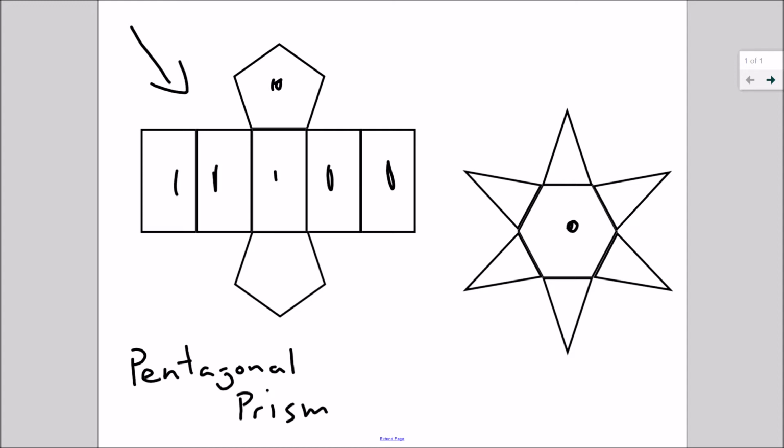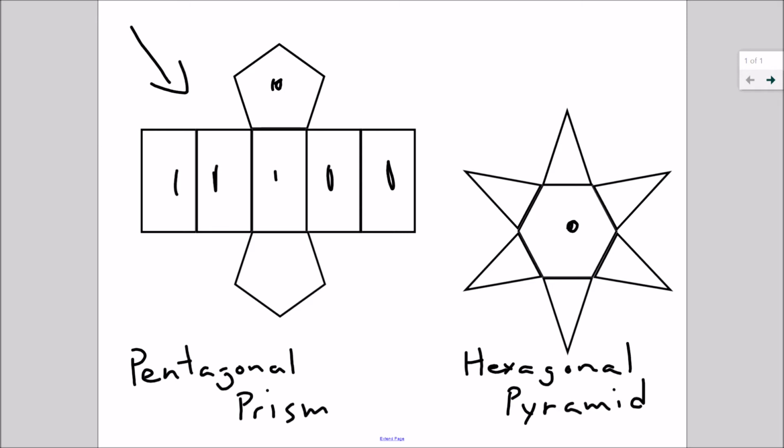Because it's based on a hexagon, I call it hexagonal. And because it extends through triangles, I know that if I fold this up, it will eventually create a pyramid. It will come to a point. So, it's a pyramid. This is a hexagonal pyramid.